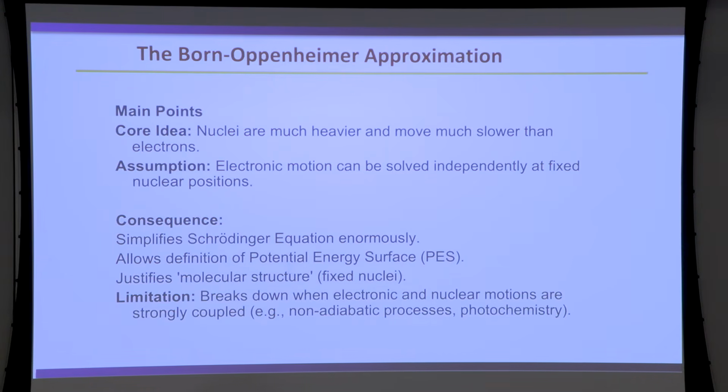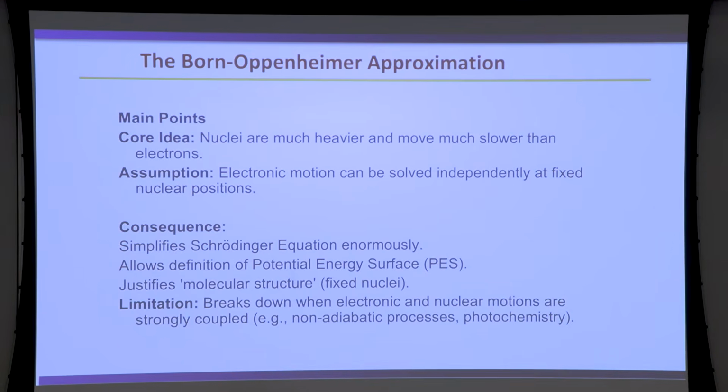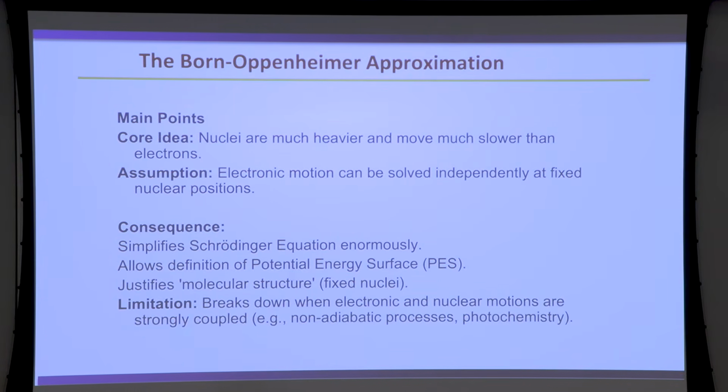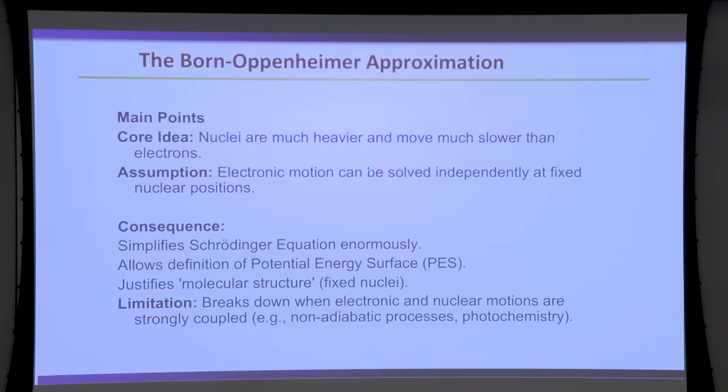So the first one is what I call the Born-Oppenheimer approximation. The main point is that this was a great step, because up to that point that equation was too complicated to be solved, and so some approximation needed to be made. The core idea here is that the nuclei are much heavier and much slower than the electrons.